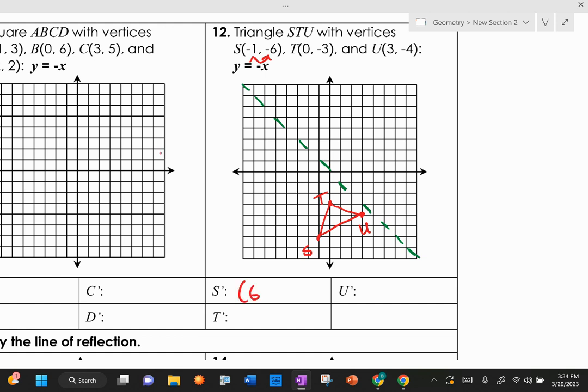But flip the X and the Y and change the sign. So 6, 1 is going to be your new S. Your new T will be 3, 0. And your new U will be 4, negative 3.